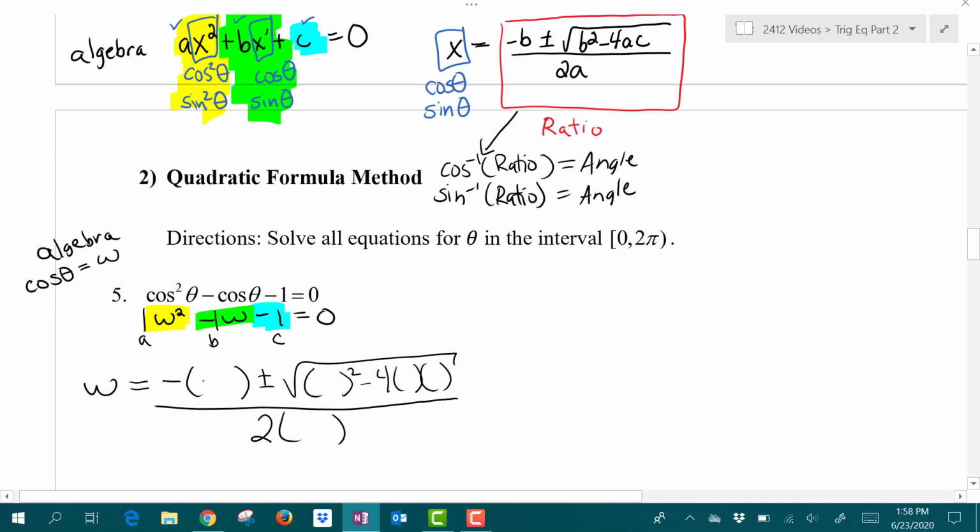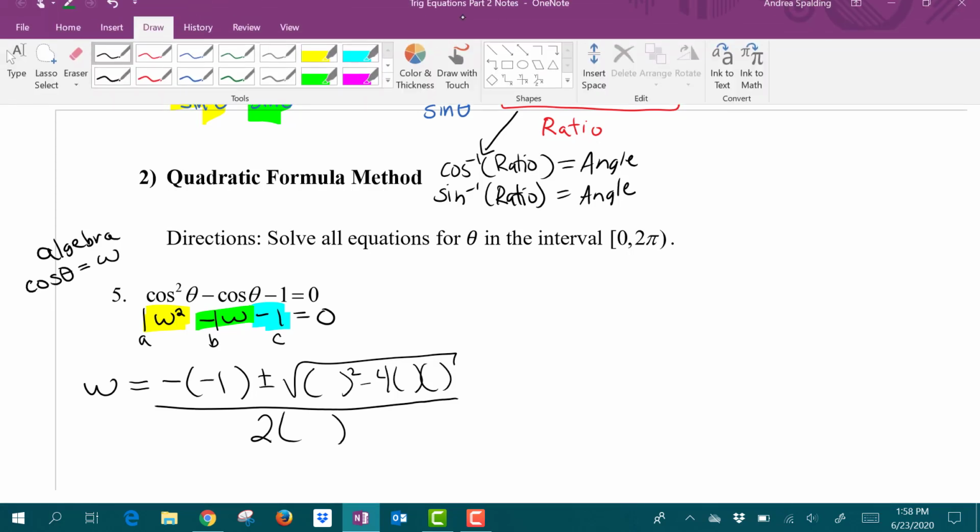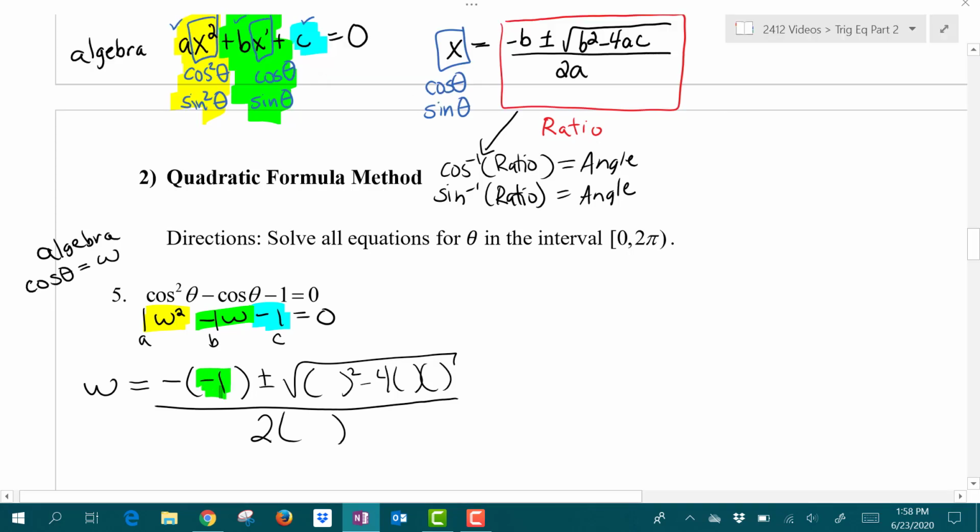Alright, so be really careful, the b value is -1, so it brings its own negative. So negative b plus or minus the square root of b squared, so I'm going to put a -1 there in place of b. -4 times a is 1.